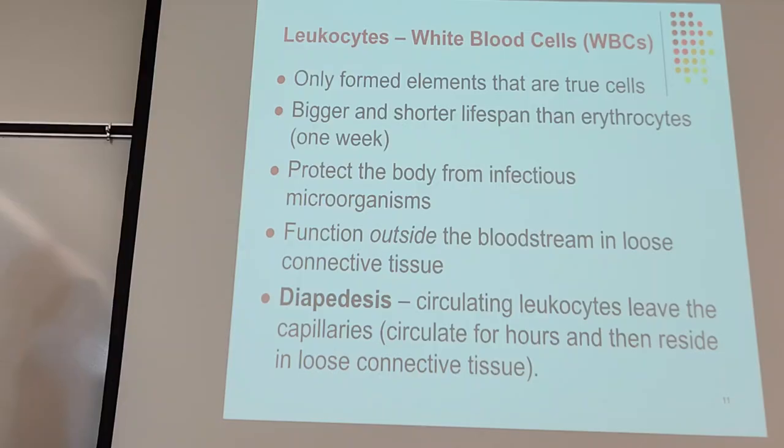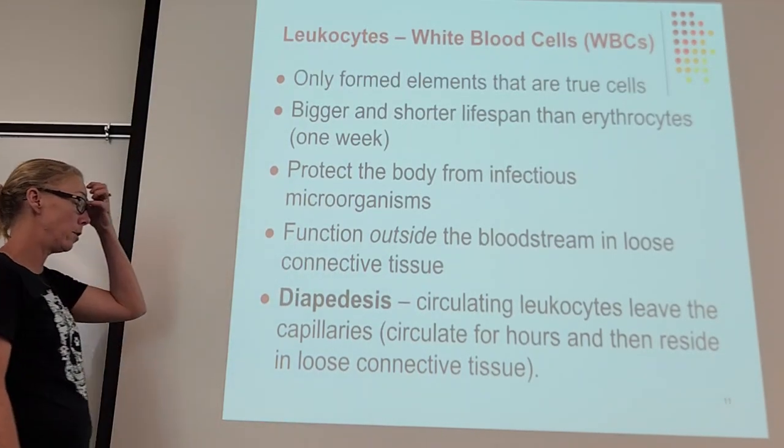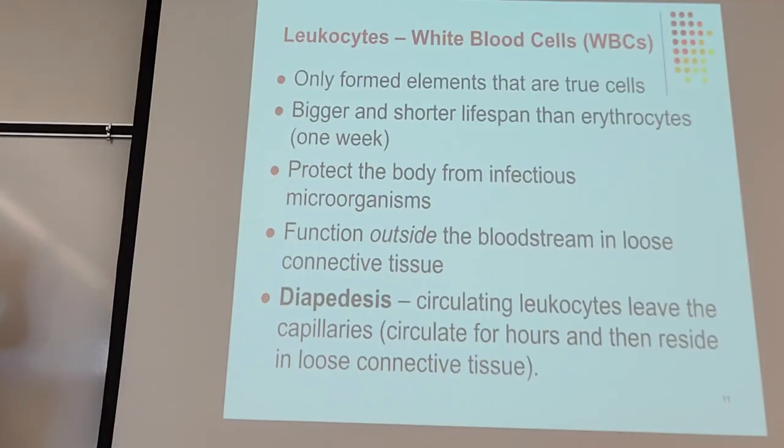But again, they have an immune function, we know this. They function outside of the bloodstream, so they use the bloodstream as their boulevard to get where they need to go. And then they commit diapedesis, which is when they exit the bloodstream and do their job. And at what blood vessel level do they perform diapedesis?